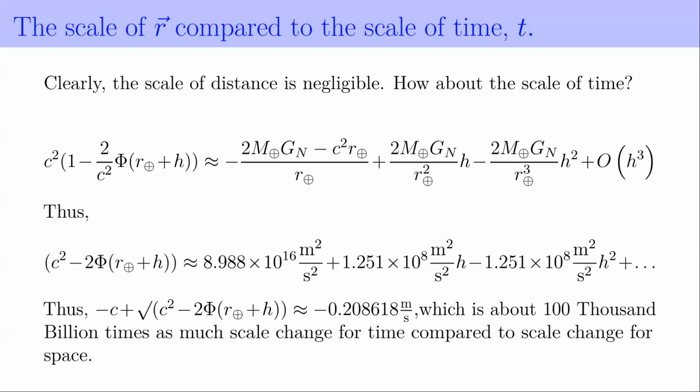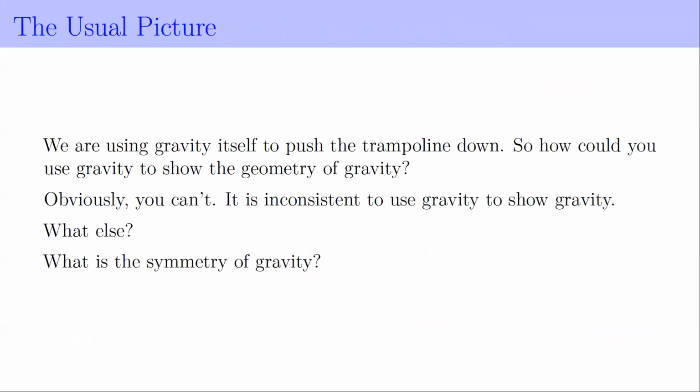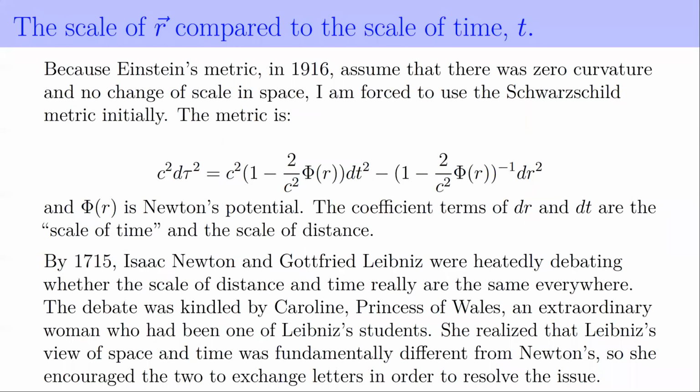And so you can take a look at the change in space. And as we did the computation, it turned out to be about 100 proton diameters. But when we do the same calculation for the portion of the metric, so there's two terms in here. Yeah, I understand that.